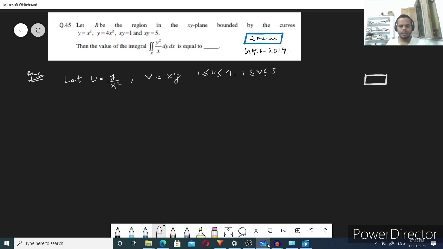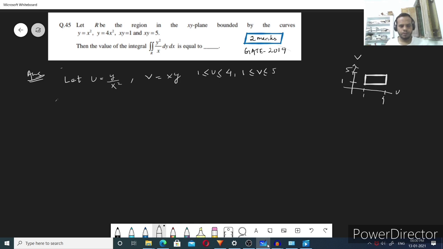My main objective is to change the coordinates from the xy plane to the uv plane, because in a rectangular domain it is easy to integrate. Here this is u and this is v, and this is the rectangular domain.